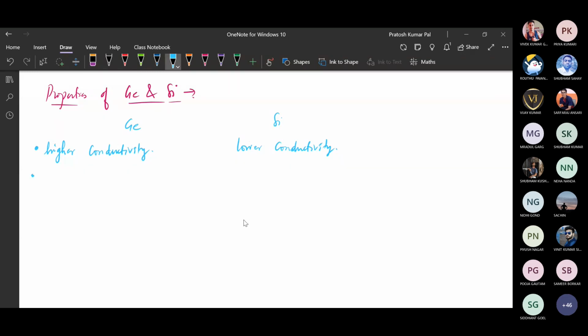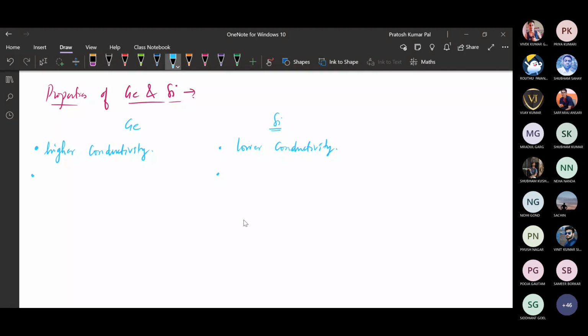Also in case of silicon, we can see it is suitable for handling higher temperature. If it is suitable for handling higher temperature, that means these silicon based devices can be used for high voltage operations. So if we are going to use high voltage operation, then we can use silicon based devices.